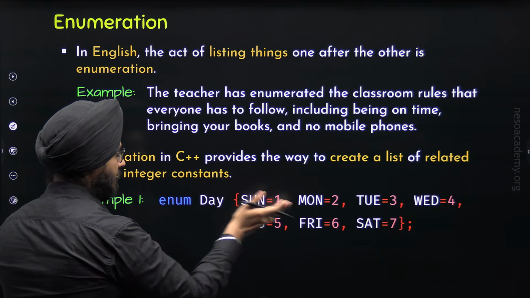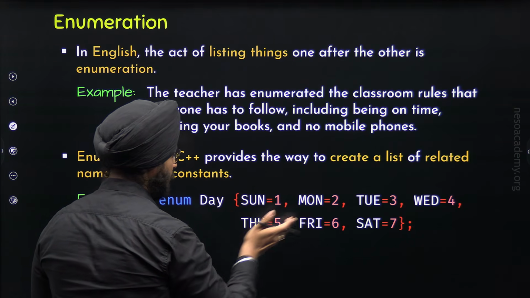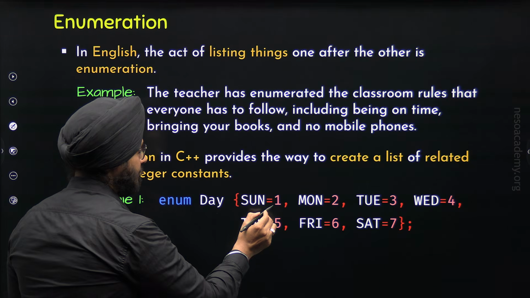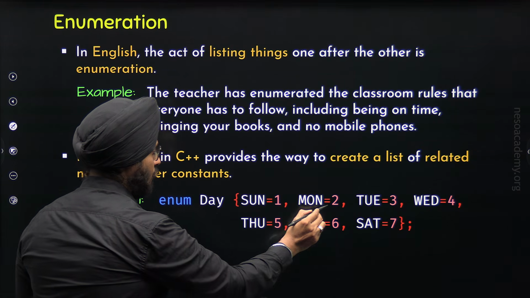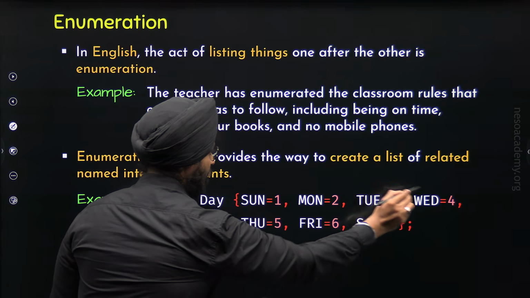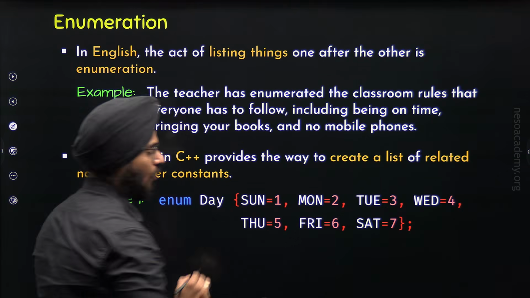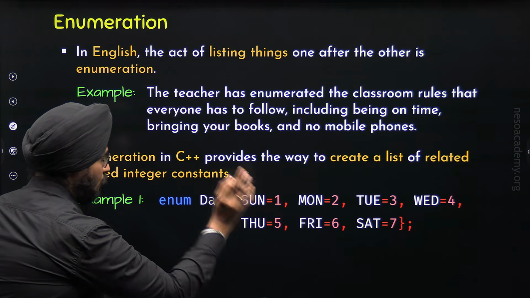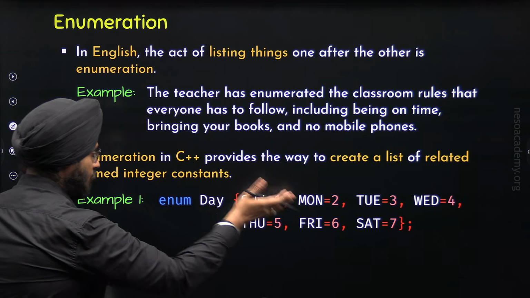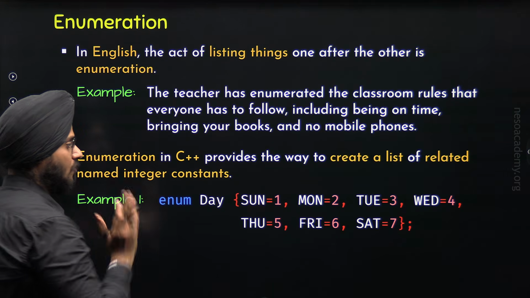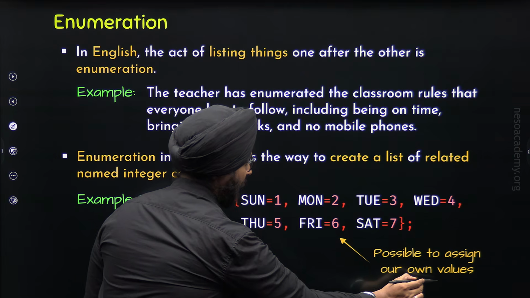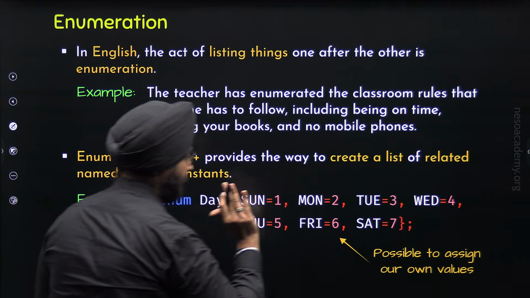Here, in this list, I have assigned these values to these integer constants. 1 has been assigned to Sunday, 2 to Monday, 3 to Tuesday, 4 to Wednesday, and so on. In this way, we can assign values to these integer constants, which we also call enumerated constants. So it is possible to assign our own values to these integer constants.